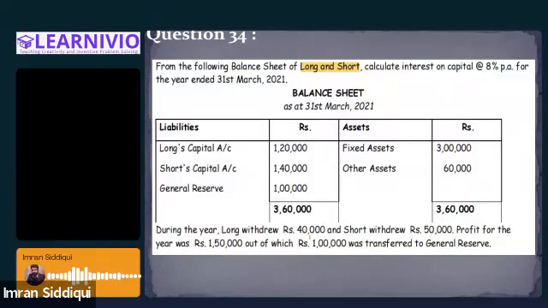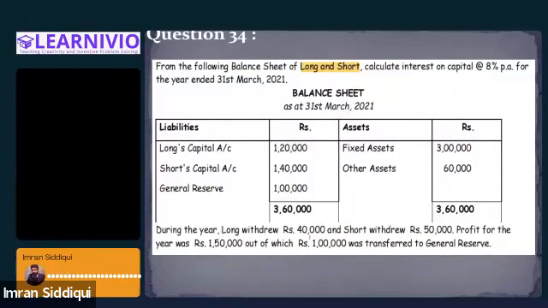So out of 1,50,000, we have already allocated some amount towards the reserve. That means only the remaining profit can be distributed among the partners. If the profit earned by the firm was 1,50,000, out of which 1 lakh has been transferred to general reserve, tell me how much amount must have been distributed among the partners?